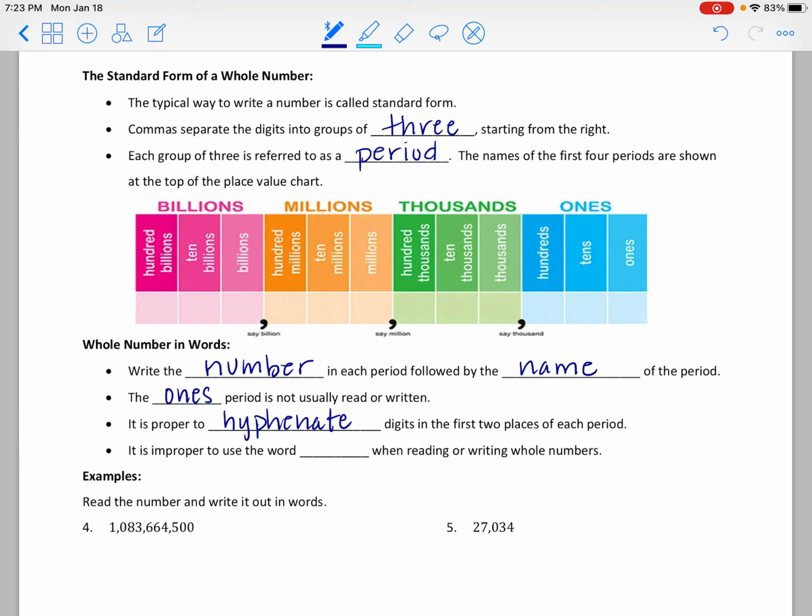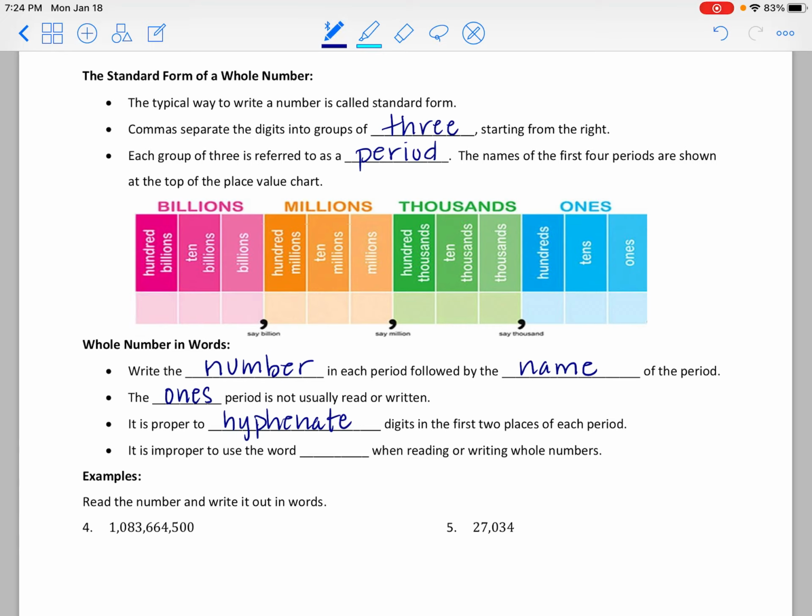So if we were writing a number like 26, that's the first 2 places in that period, we would hyphenate that when we were putting it out in words. Or if we had 126,000 here, we would hyphenate the 26, putting that out in words. Or if it was here, right, the first 2 digits in each of those periods, we generally will hyphenate when we're writing it out in words.